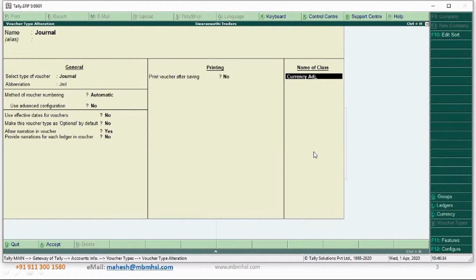You could name it anything. You could say foreign exchange, or you could say currency adjustment, whatever name you want, you could give that.